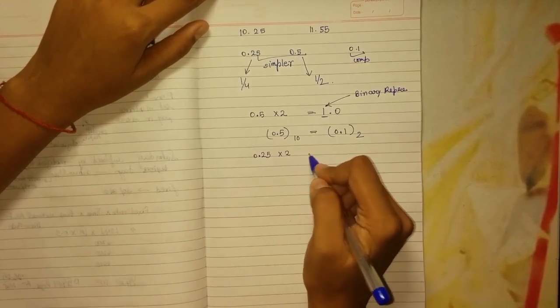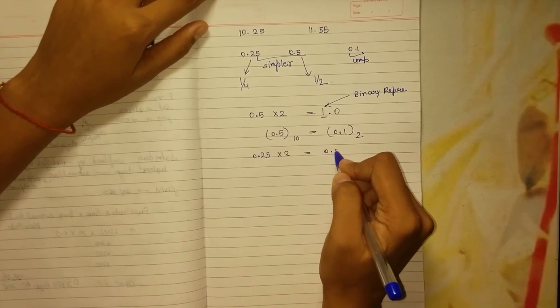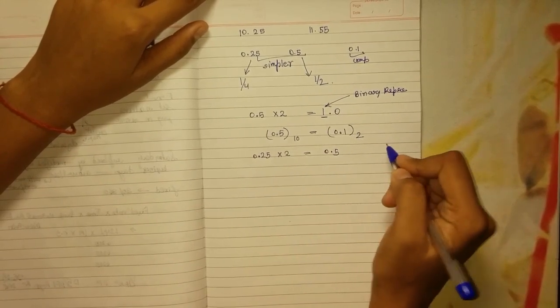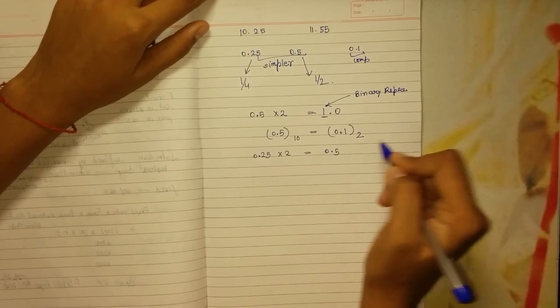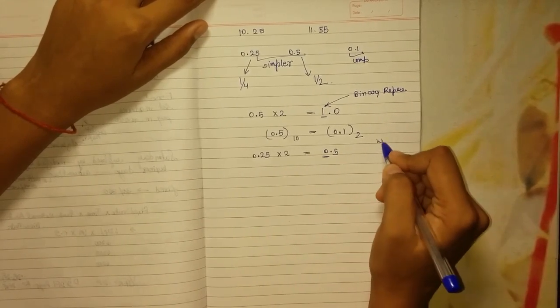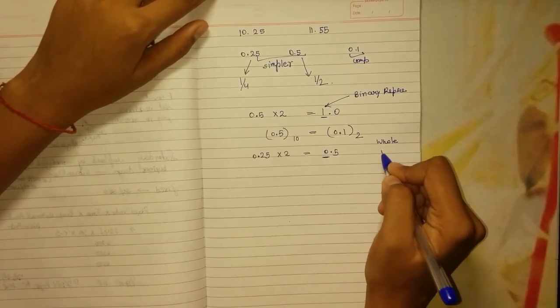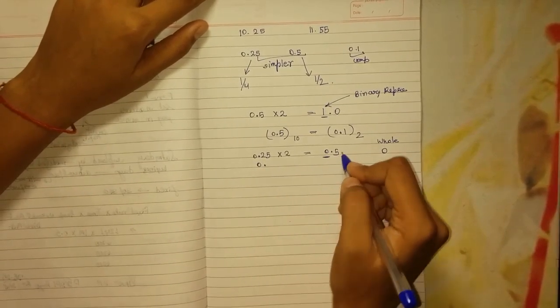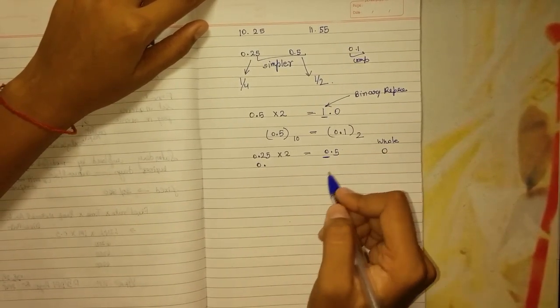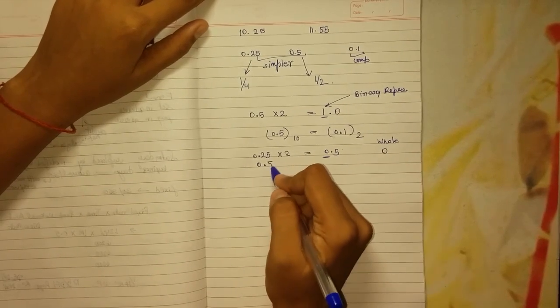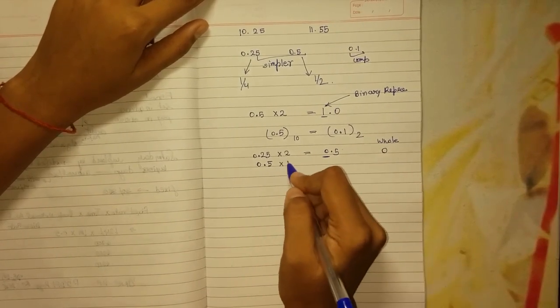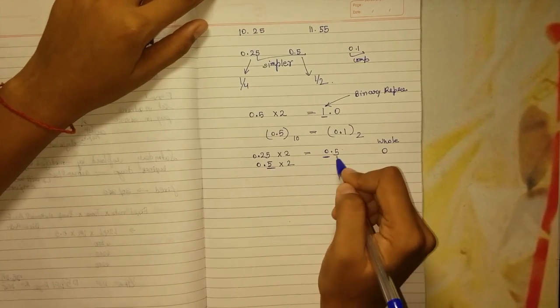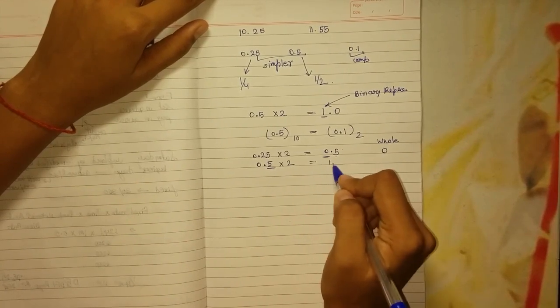Now we'll go to 0.25 and see how we can write it. 0.25 into 2 gives us 0.5. So this is 0. Here we have to make a whole number part column. We'll continue with whatever decimal part the previous one has left. 0.5 into 2, we get 1.0.